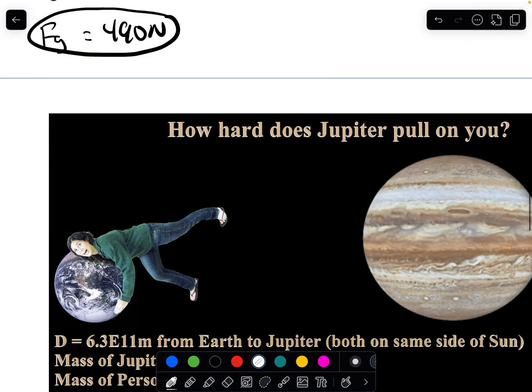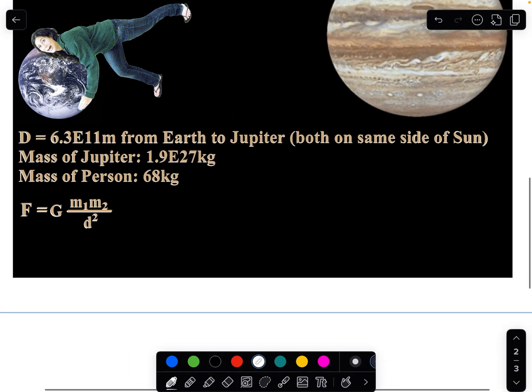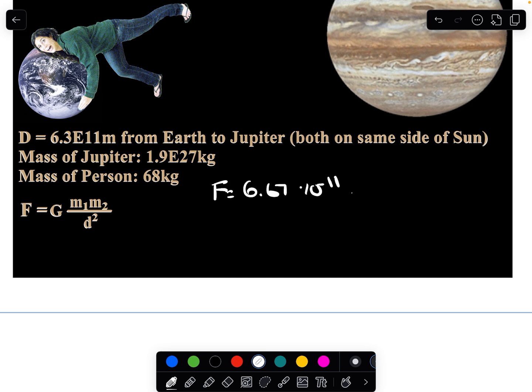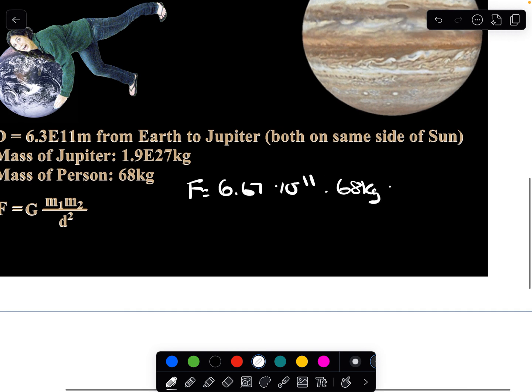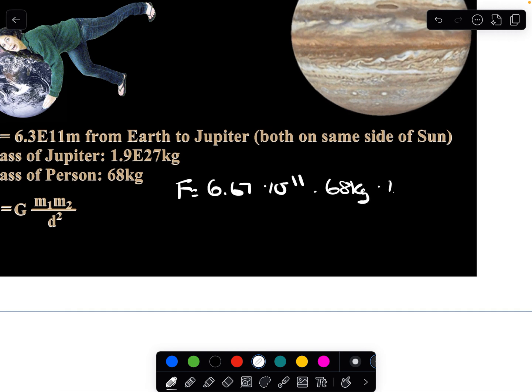I'm going to go ahead and do this so I have a little more room to work here. So we're going to do F equals our constant, 6.67 times 10 to the negative 11th, times mass 1, which is our human being, which is 68 kilograms. I thought that was 60. Sorry about that. Times the mass of Jupiter, which is 1.9 times 10 to the 27th kilograms. Yikes, that is really big.